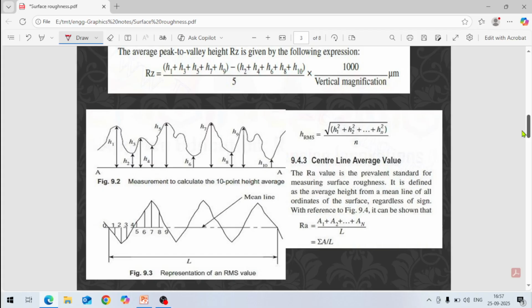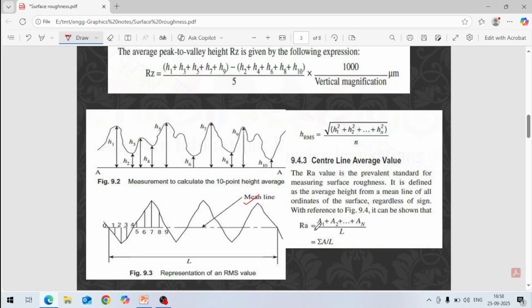If you see in this figure, this is our mean line, and these are the areas up from the mean line, these upper areas and lower areas. What is the RA value?